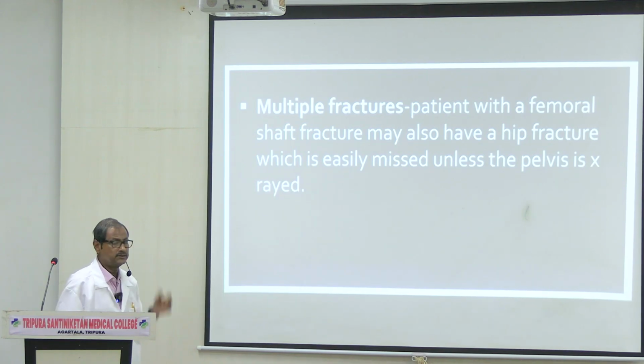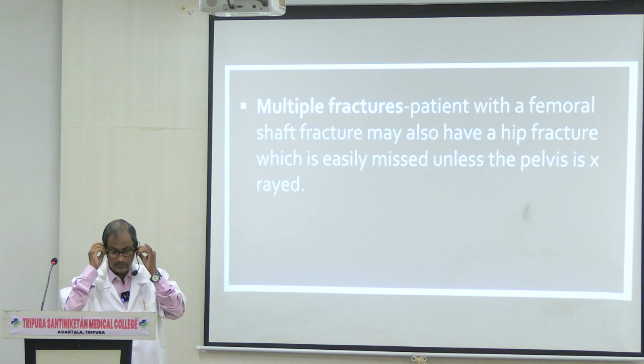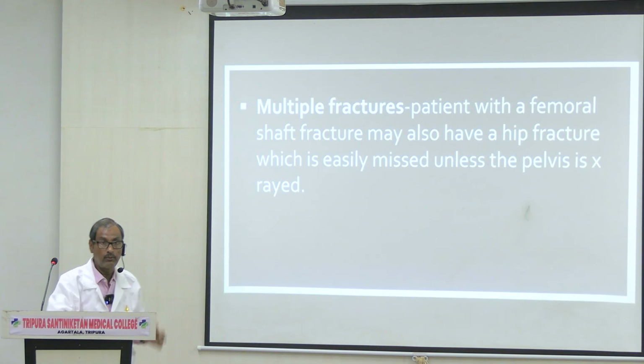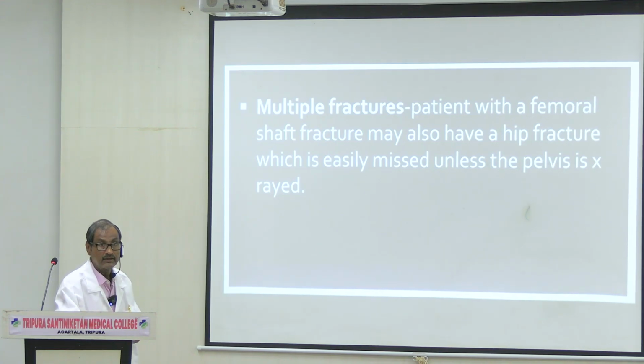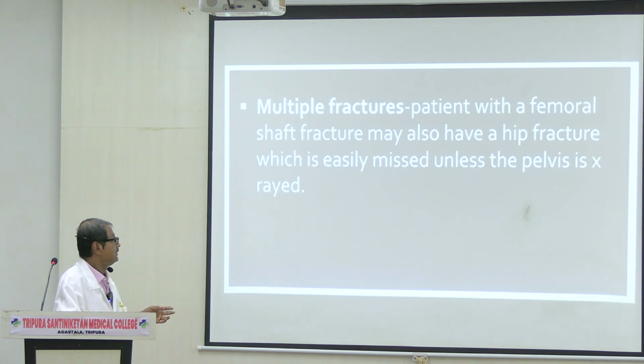This is called multiple fracture, otherwise called polytrauma. Polytrauma is a common case. Polytrauma means one big bone fracture along with major injury to organs like liver, kidney, along with a big bone like shaft femur, neck femur.